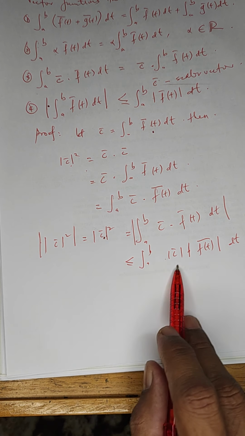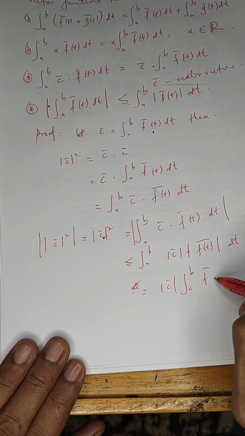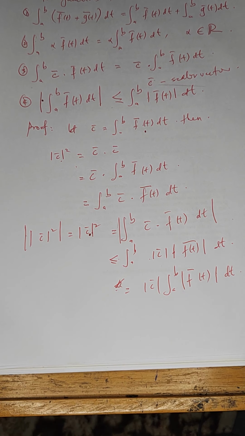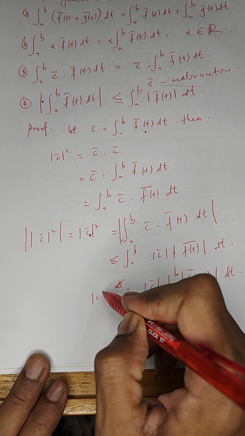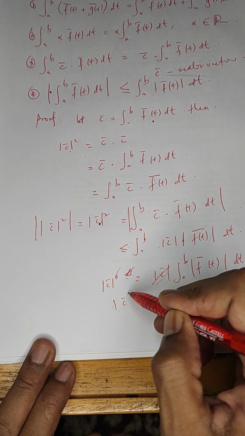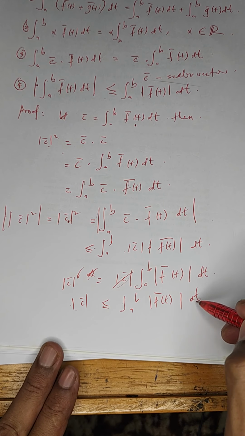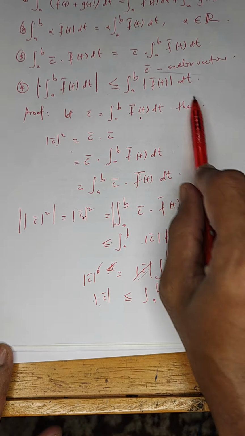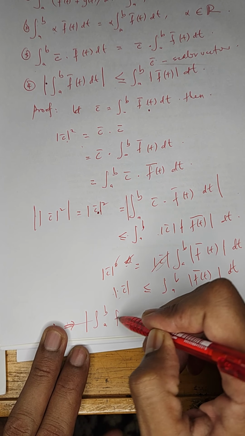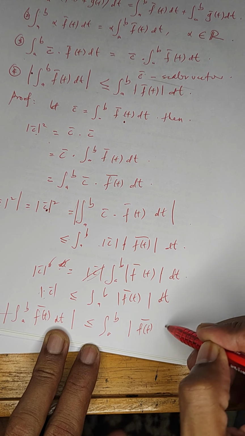We can take out the magnitude of c, so this is equal to the magnitude of c times integral a to b of the magnitude of f(t) dt. Then this c is c squared, so you can cancel out one of them, so that our magnitude of c is less than integral a to b of the magnitude of f(t) dt. If you substitute c, the magnitude of integral a to b f(t) dt is less than integral a to b of the magnitude of f(t) dt.